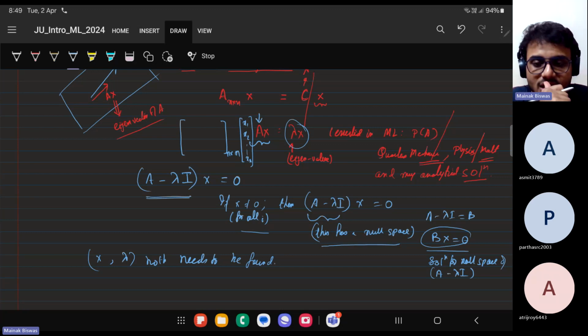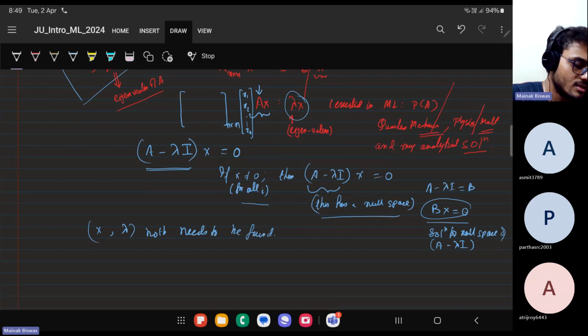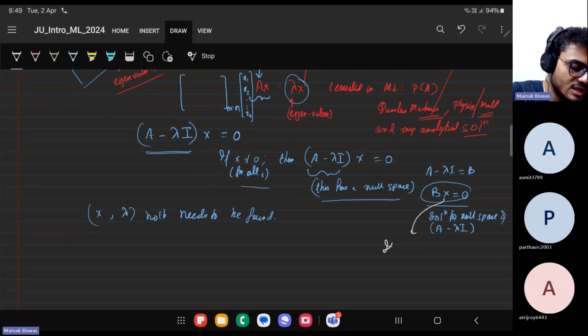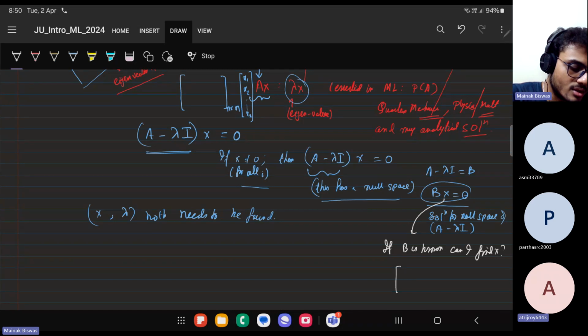I can find x if I know B. If B is known, can I find x? x is just the solution to the null space.